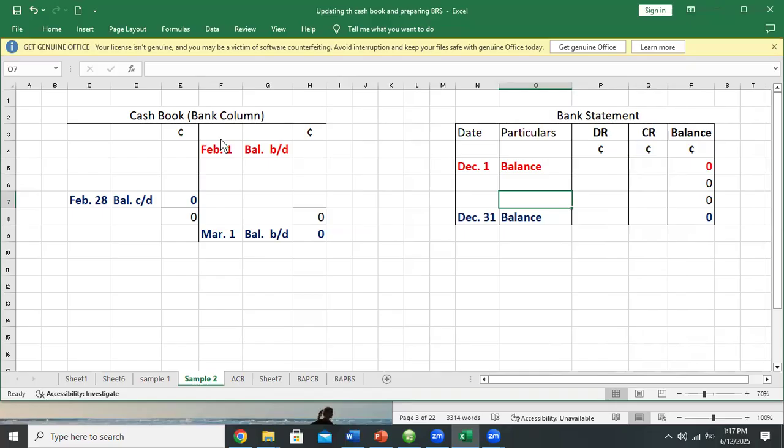So let's look at something. Let me change certain things here. If our cash book has a debit balance, so let's assume, let me clean these ones.